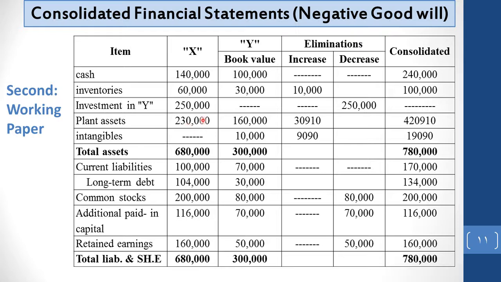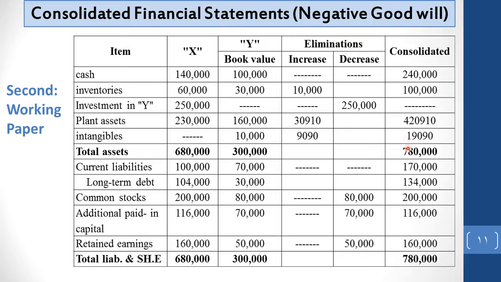Plant assets of X plus plant assets of Y, plus the increase from the elimination entry, and put the total here. Intangibles: no intangible assets for X, intangible assets of Y plus the increase, 9,090 after we have deducted the negative goodwill, and place the total in the consolidated column.